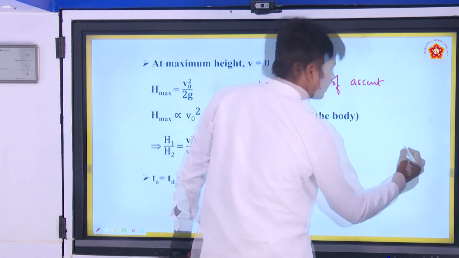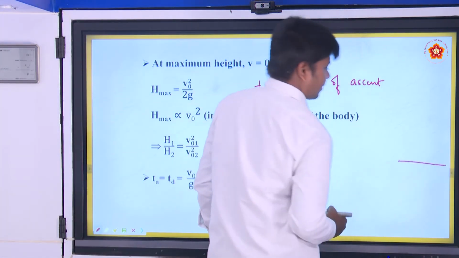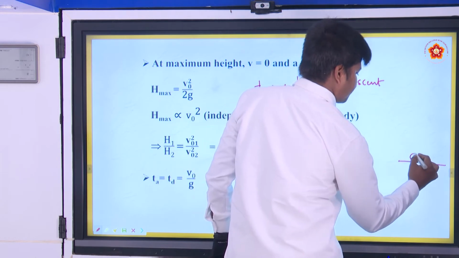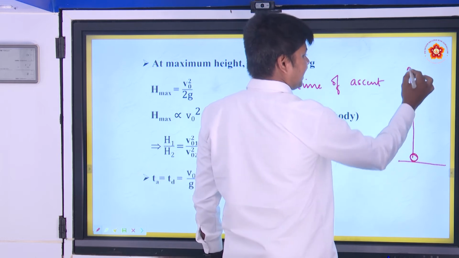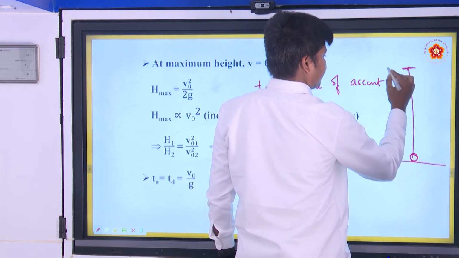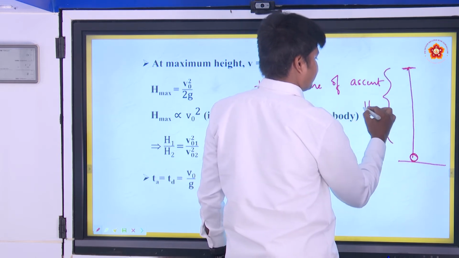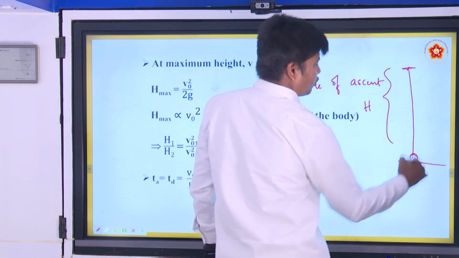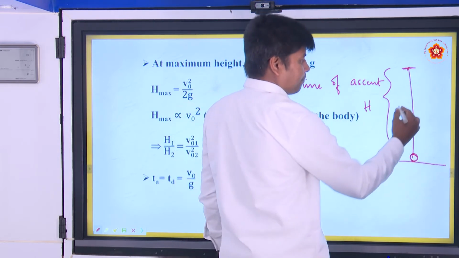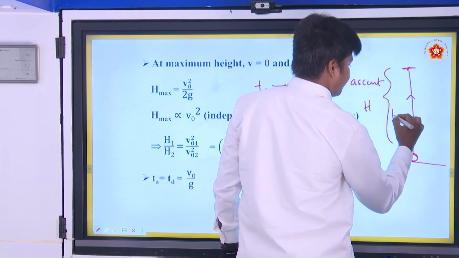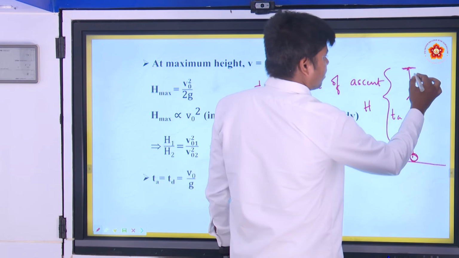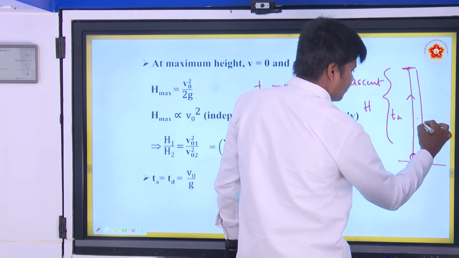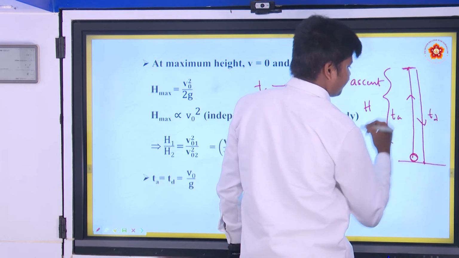If this is the ground, the ball is projected in this direction and reaches some height h. The time it took to go up we call the time of ascent. The time it took to come down we call the time of descent.